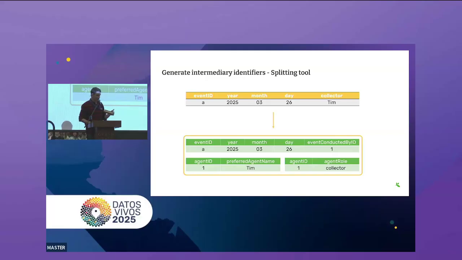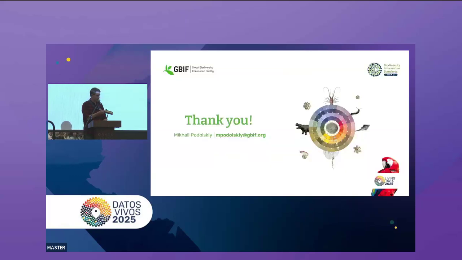Every single table has its own identifier. It would be good to have a tool that would generate those IDs and help users with this, so it can be just data without all those additional identifiers.